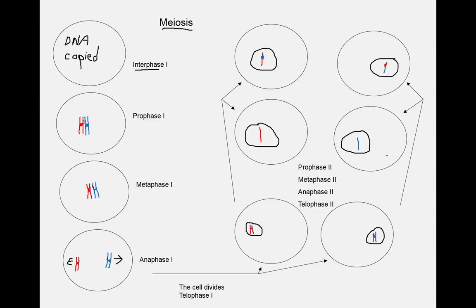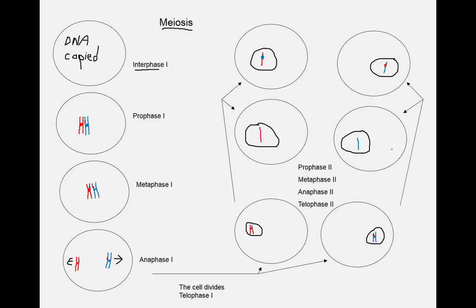And so at the very end, we end up with 4 genetically unique cells. If you look at them, none of the chromosomes are identical. So this has all red in it, you can see. This one has red with some blue in it. This one's all blue. This one has mainly blue with some red DNA in it from the maternal chromosome.